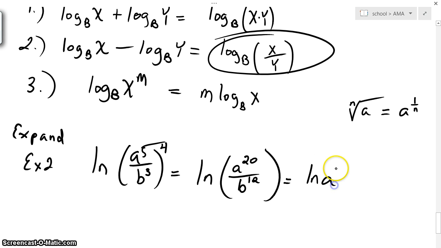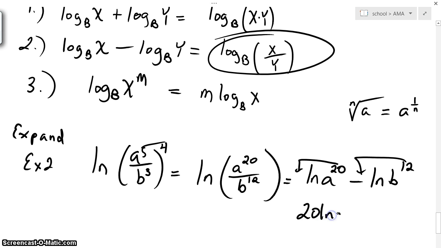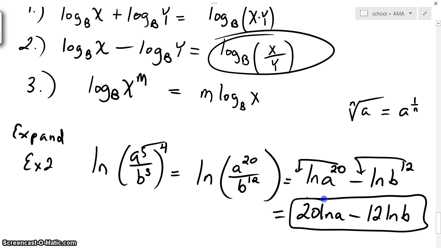I'm going to write this, expanding this, as two logs that are being subtracted from each other: the natural log of a to the 20th minus the natural log of b to the 12th. Finally, we can take our powers and drop them down in front. And no doubt about it, we have gone as far as we can.